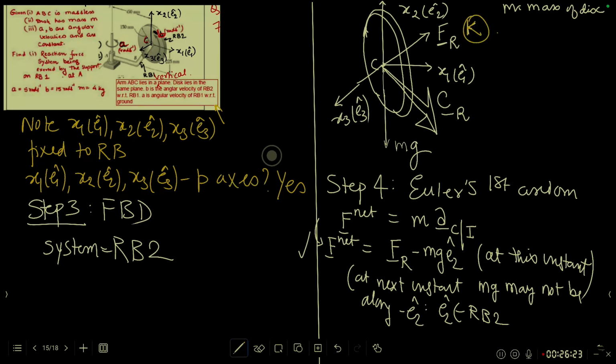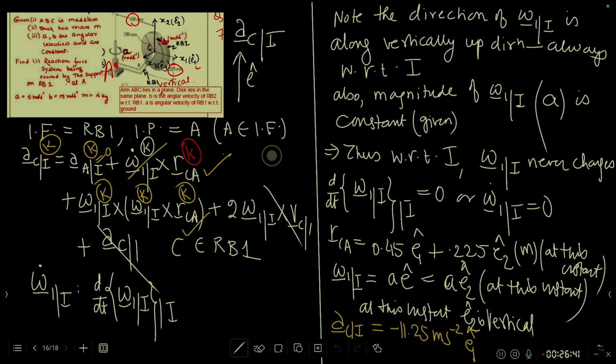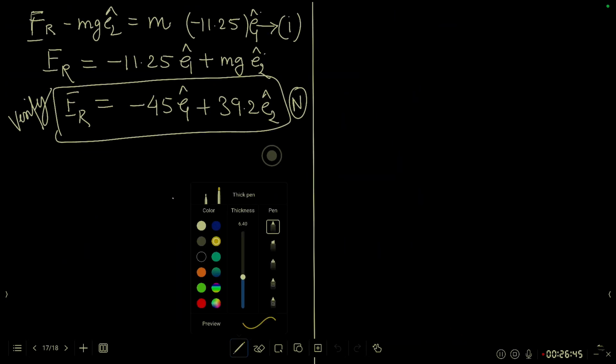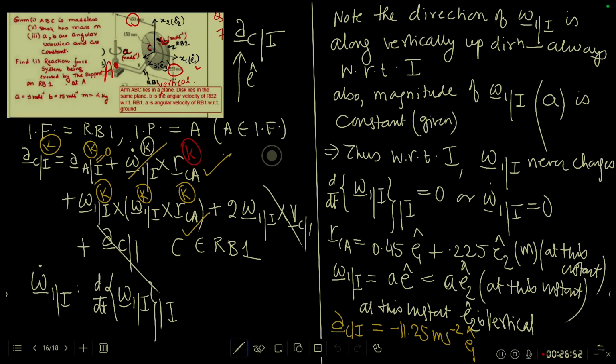Let's try to find CR. Finding CR means going to the next step, which is step number 5, using Euler's second axiom.